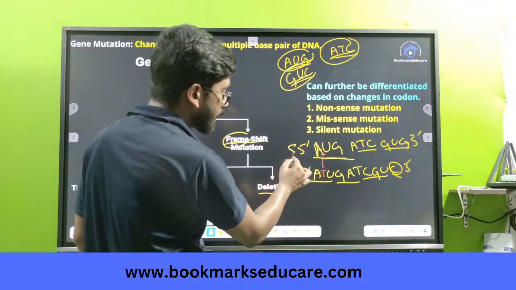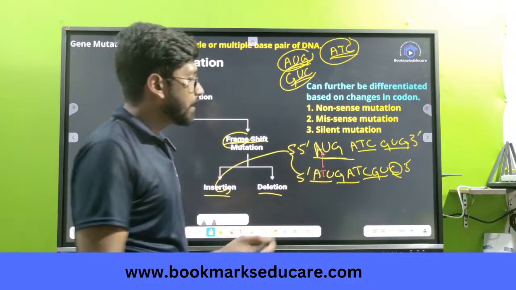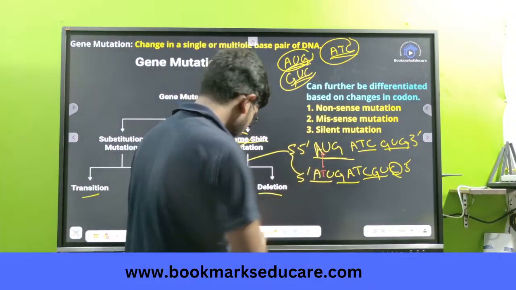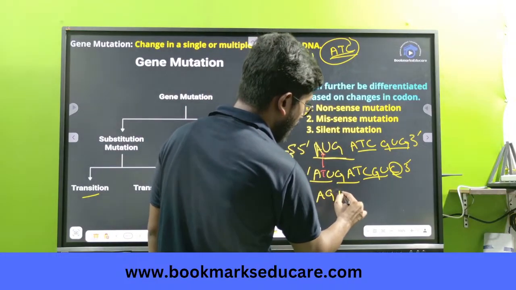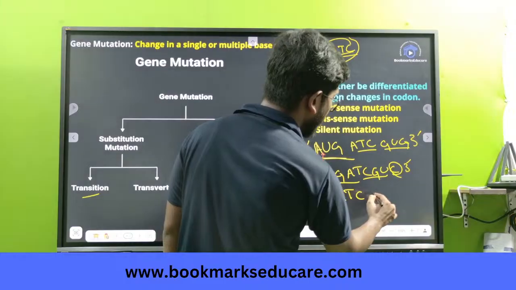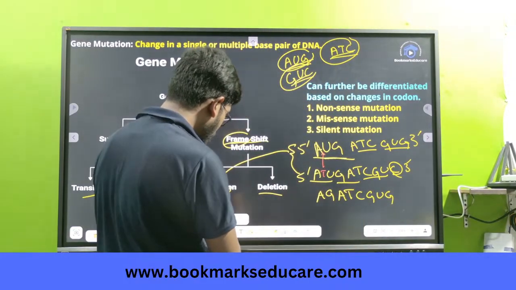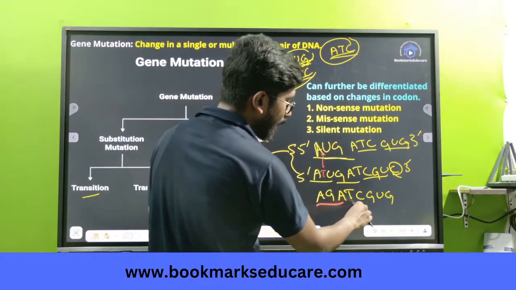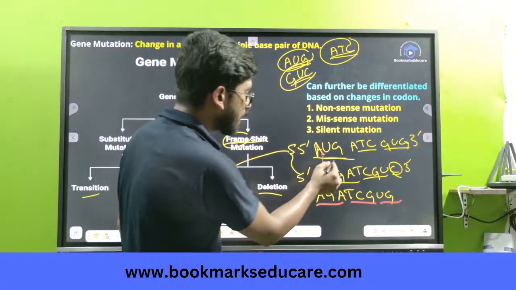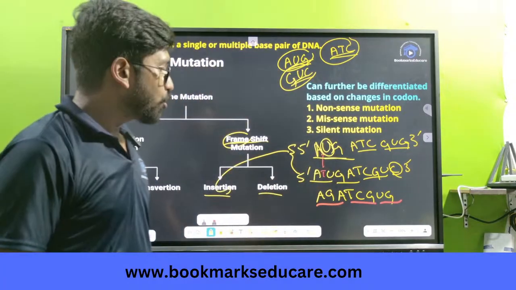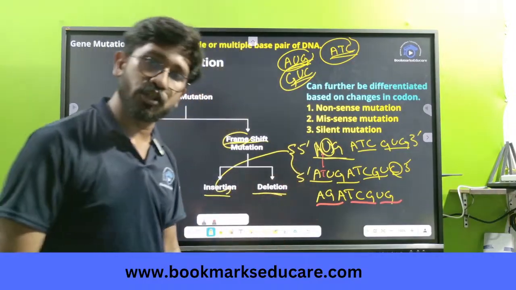Meaning what I showed, this is insertion, because we added a T. Or the other thing I can do is A G A T C G U G. Here also if we want to read it, AGA TCG UG. I removed this U from here, because of the deletion of U the reading frame also changed.